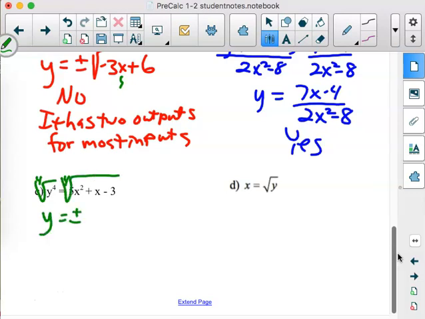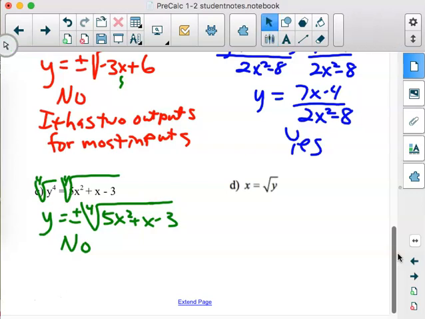But just as with square root, we have to put a plus or minus. Anytime we do an even root, we have to put a plus or minus. So this one is a no. So any even roots, we have to put the no.